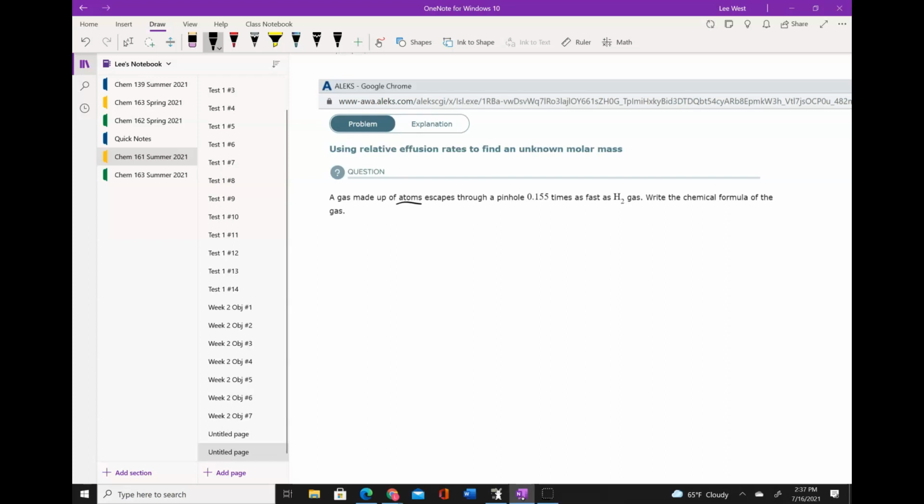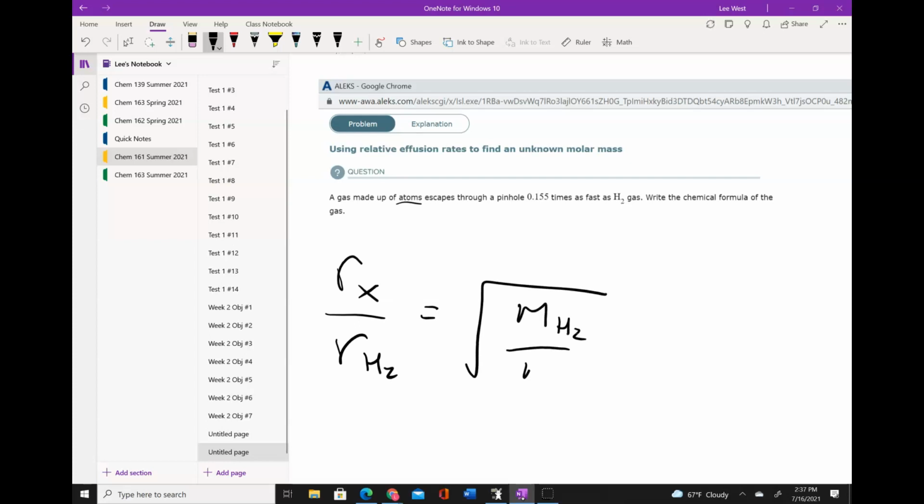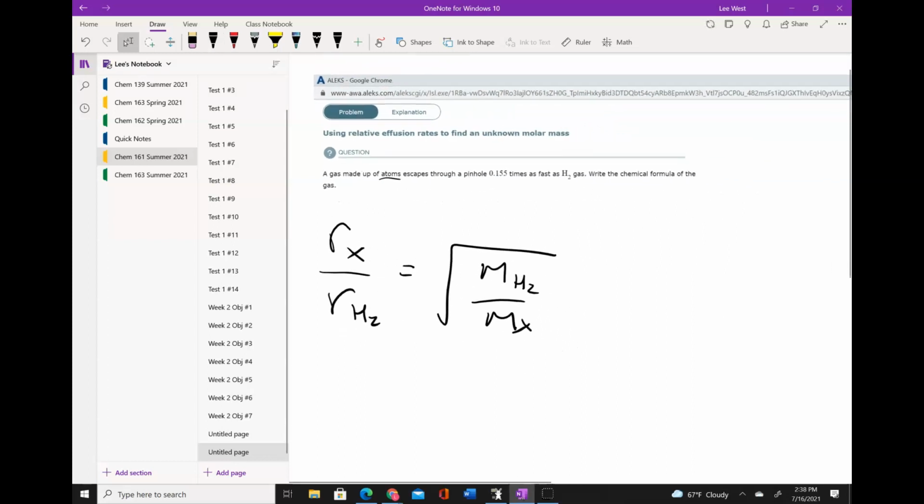So it says a gas made up of atoms escapes through a pinhole 0.155 times as fast as H2 gas. So let's just cut to the chase. The rate of effusion of our gas over the rate of effusion of hydrogen will be equal to the square root of the molar mass of hydrogen over the molar mass of our gas.